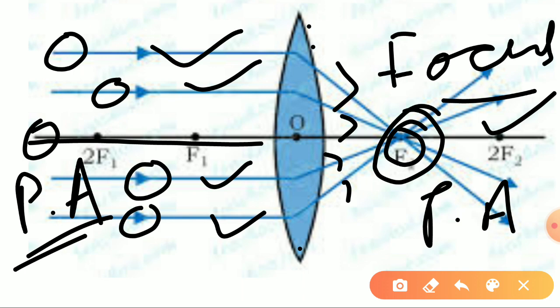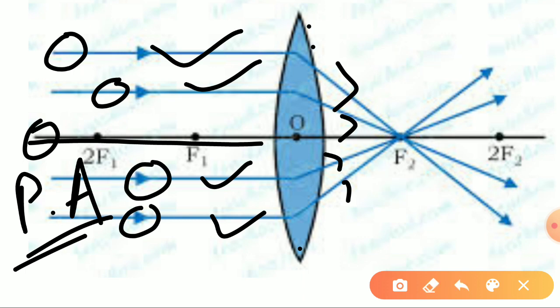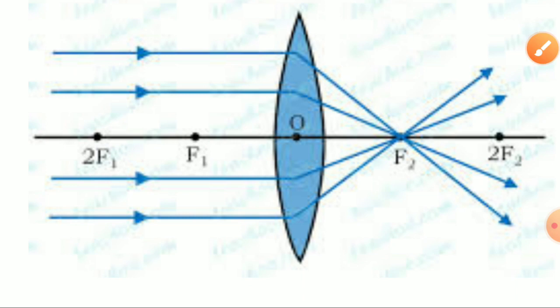So how to define the first principal focus? It is a point on the principal axis where rays of light parallel to the principal axis converge after refraction.